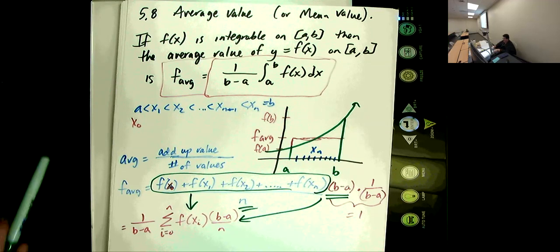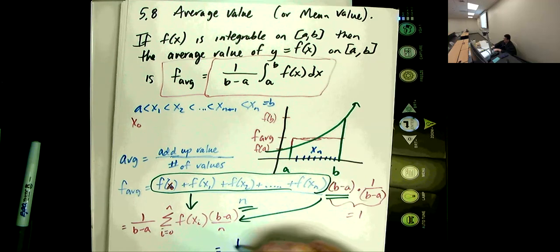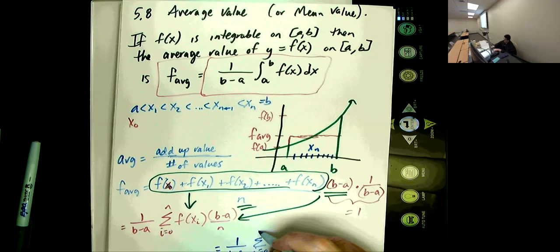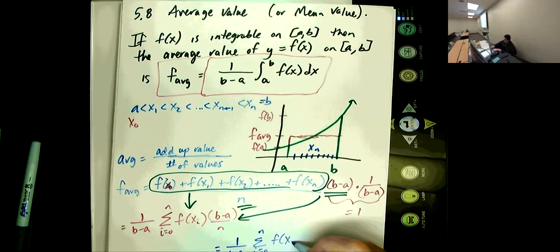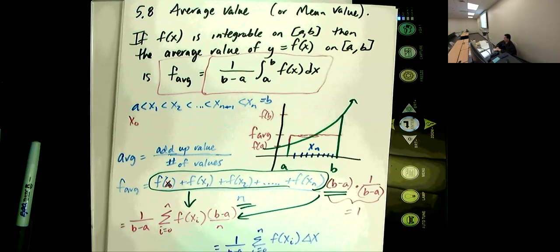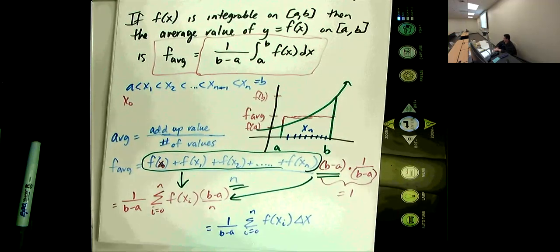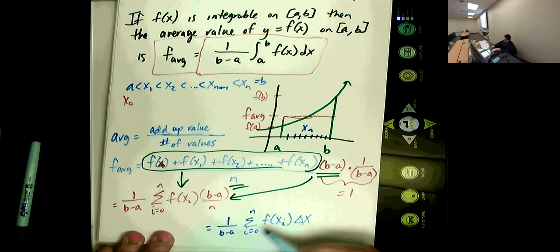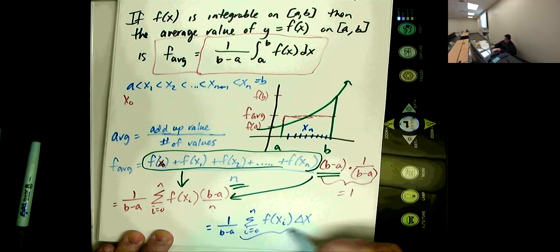But b minus a over n is delta x. Take the distance and divide by the pieces. Remember doing this? Back on that Riemann sum. And this was the definition of the integral.